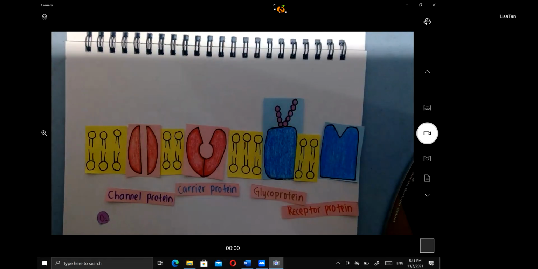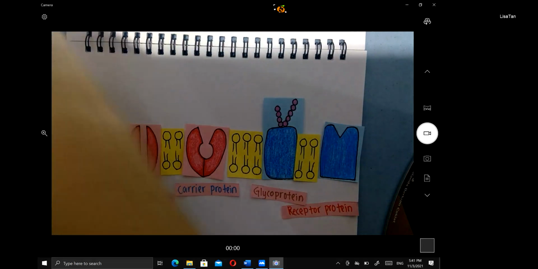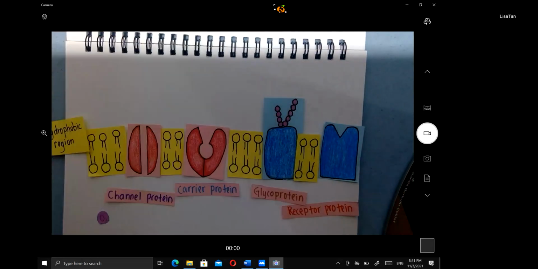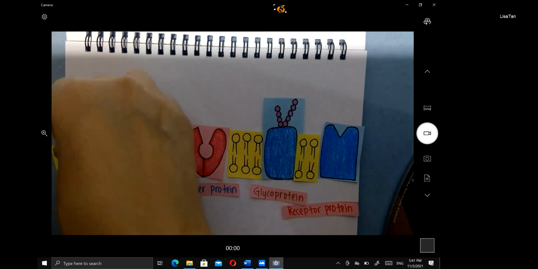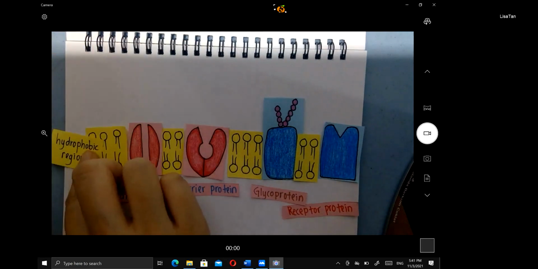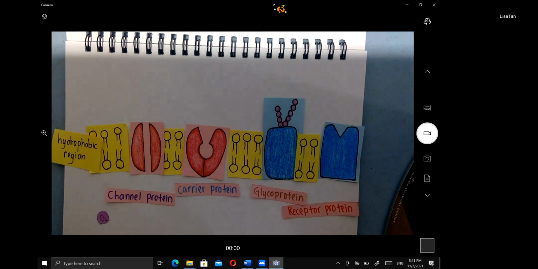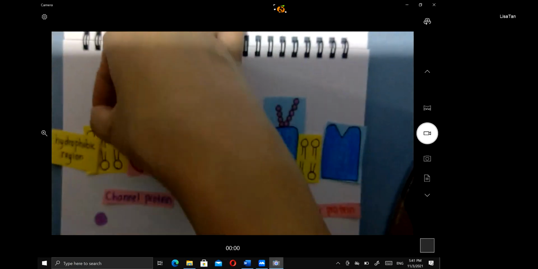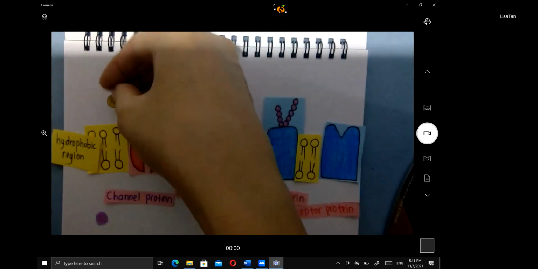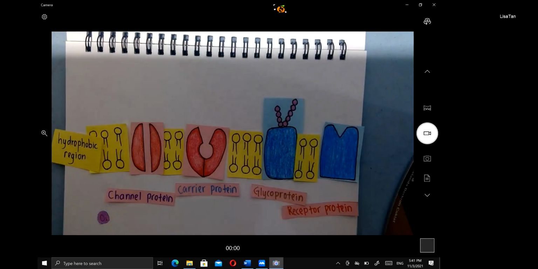The tail side will be the hydrophobic region. So the sodium ion cannot diffuse through the phospholipid bilayer to get inside the cell.